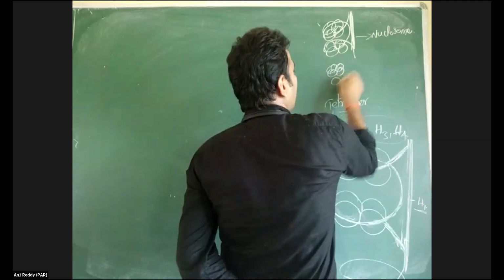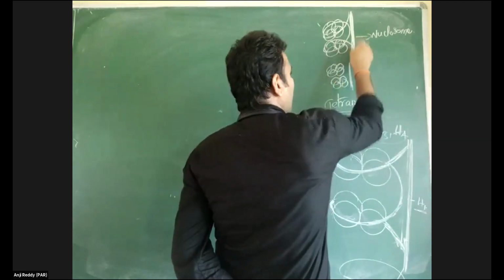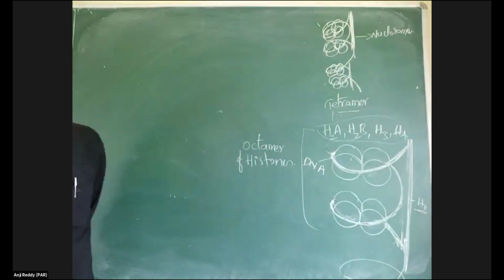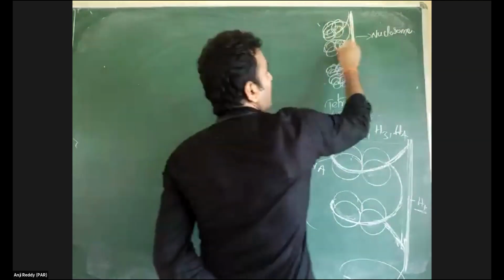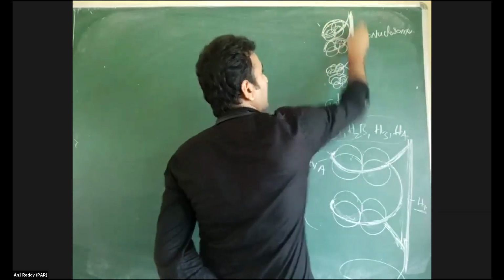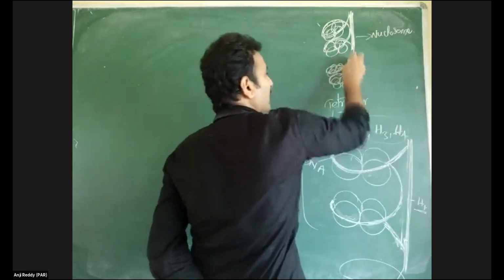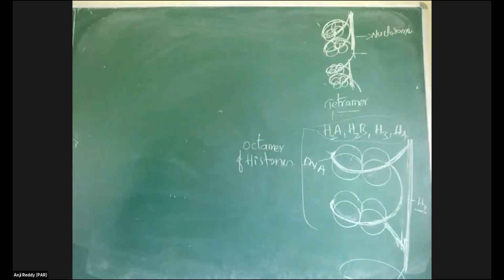Here one tetramer, here one tetramer, another histone H1, and the DNA has 2 coils again. This is one nucleosome, this is another nucleosome. Between the 2, there is some extra DNA called linker DNA. DNA present between 2 octamers or 2 nucleosomes is linker DNA.